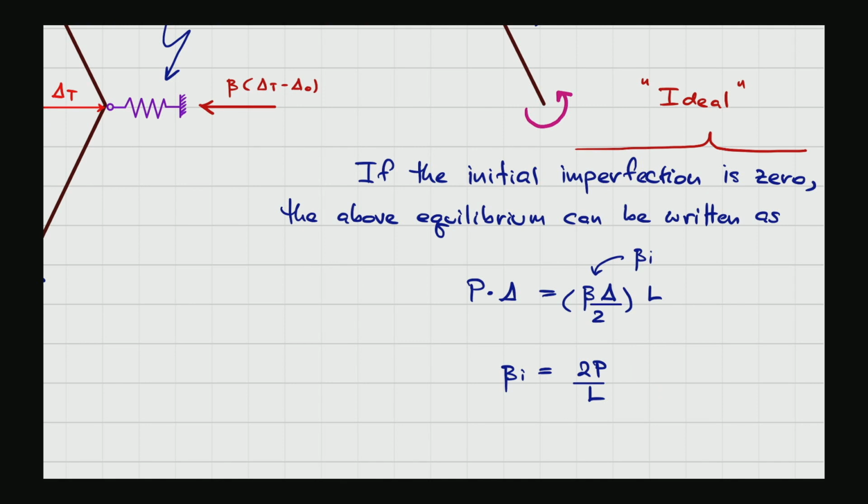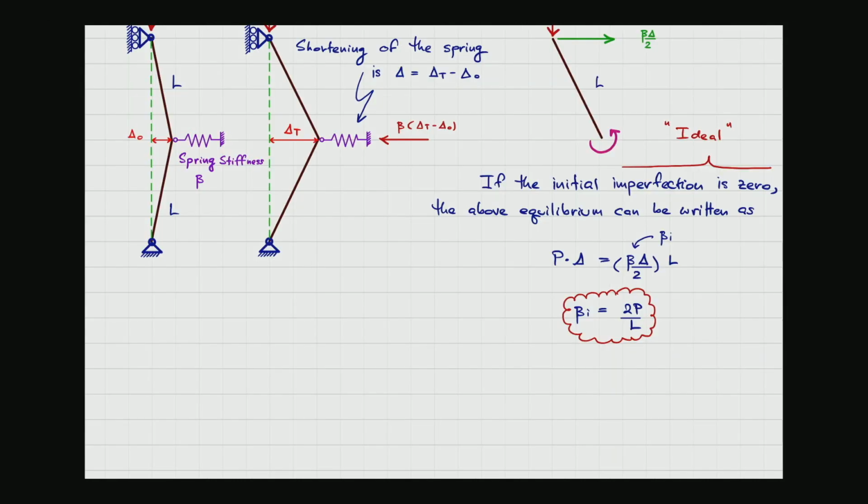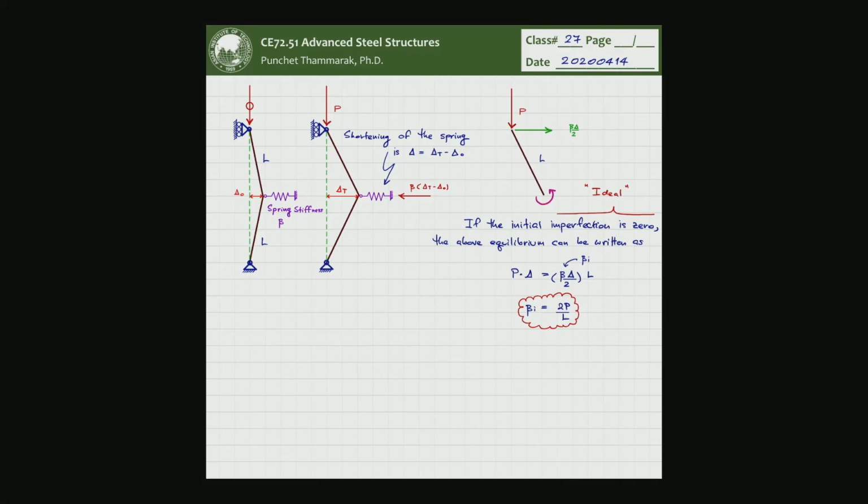P times delta equals to this, but the beta has to be beta ideal, because the fictitious hinge condition will not occur if the beta is lower. So this is for the ideal case development. You end up with beta equals 2P over L, where P is the load that you require, which is the buckling load of the column, divided by L. That turns out to be the stiffness of the spring of the brace.